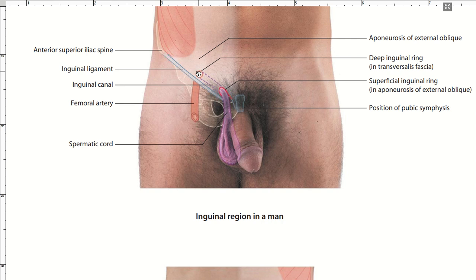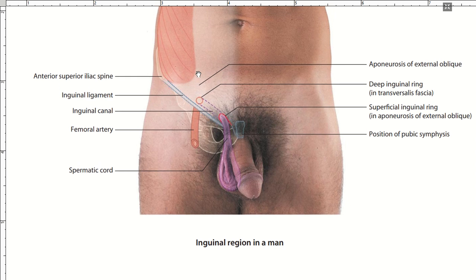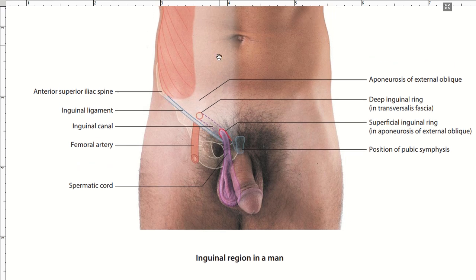From general embryology, we understand that the testes develop high up in the abdomen, right around L1, and then they descend from the abdomen to the scrotum. The failure of the testes to descend is called cryptorchidism. As they descend, they create a canal.